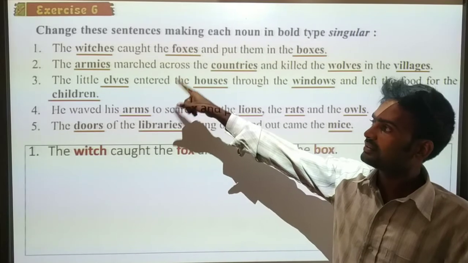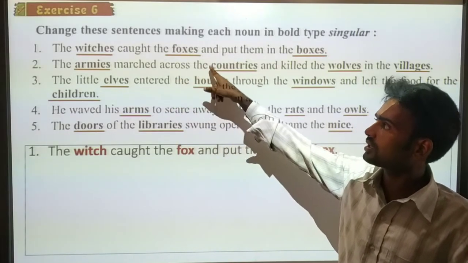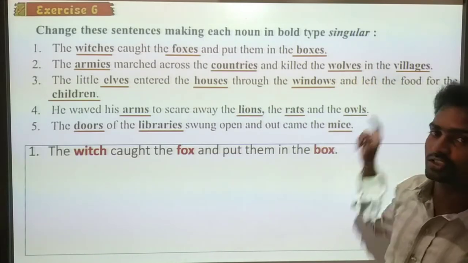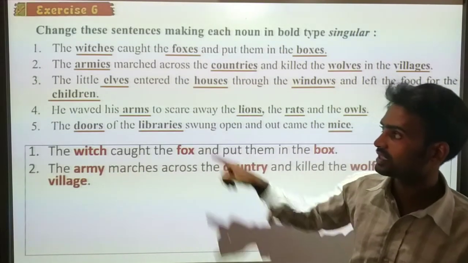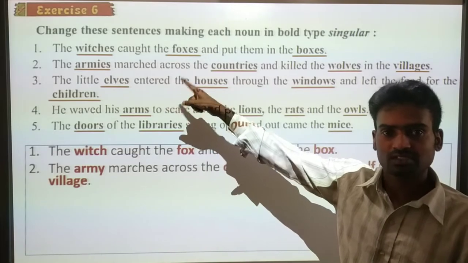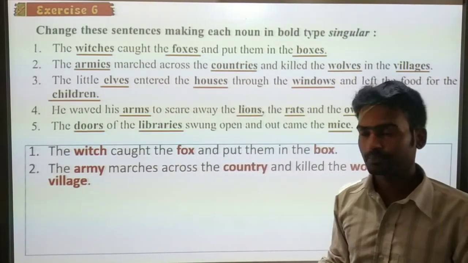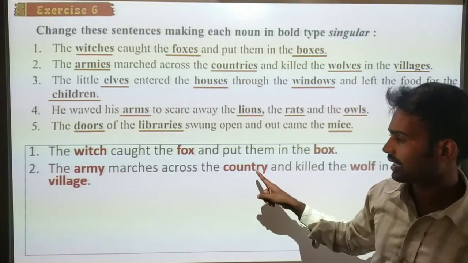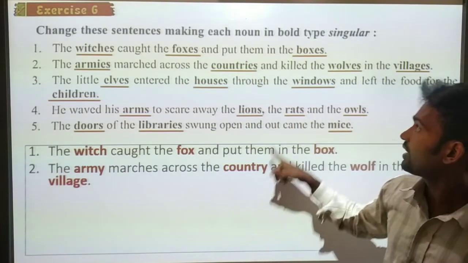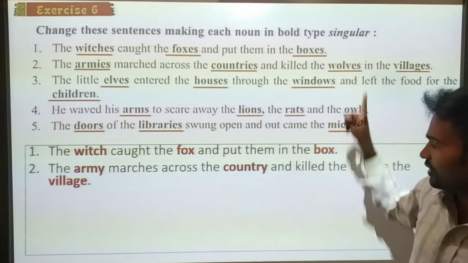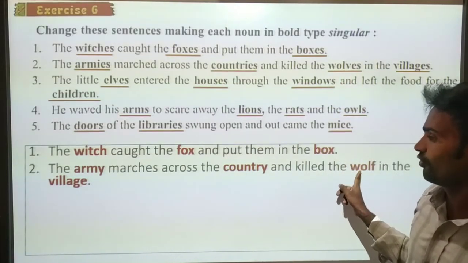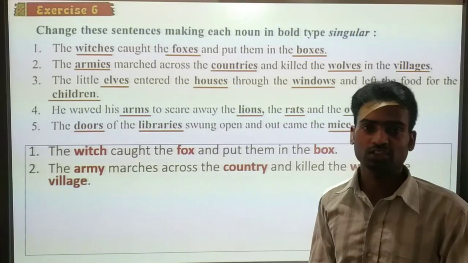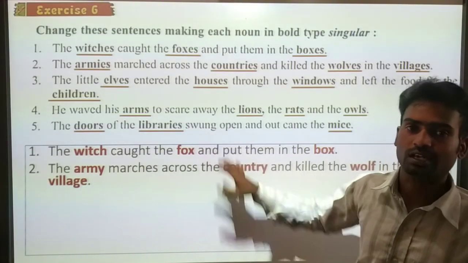And the second one: the armies marched across the countries and killed the wolves in the villages. See, for armies the singular form is army, and countries, this is the plural form, to change it to singular, country, and wolves, plural form, singular form wolf, villages, plural form, village. So it becomes the singular noun.